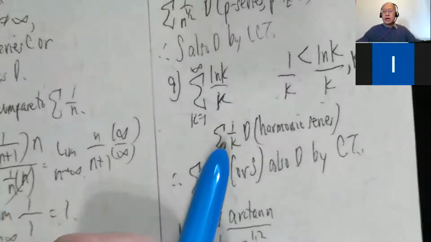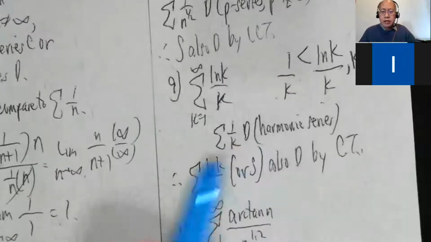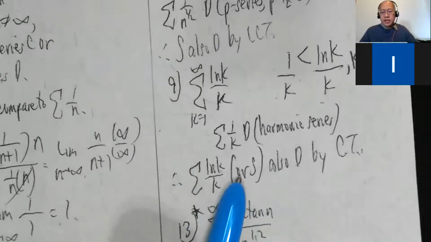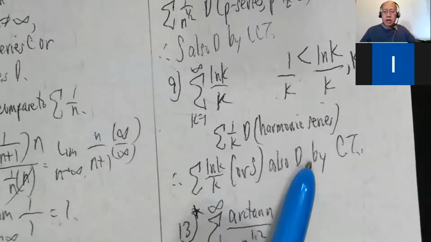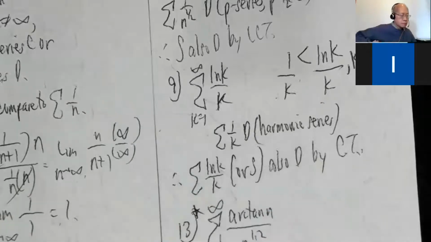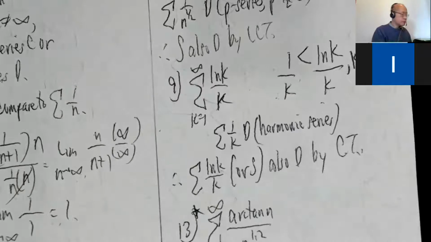Summation 1 over k diverges because it's the harmonic series. Therefore, ln k over k, the series, also diverges by the comparison test.